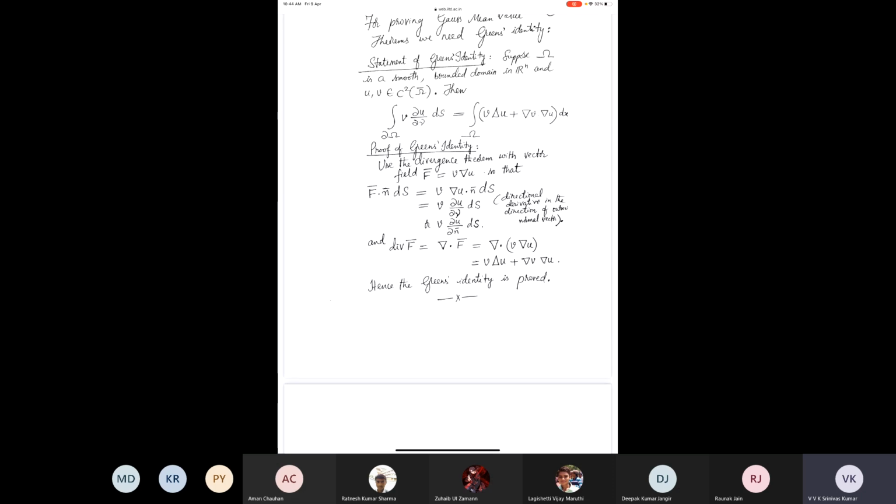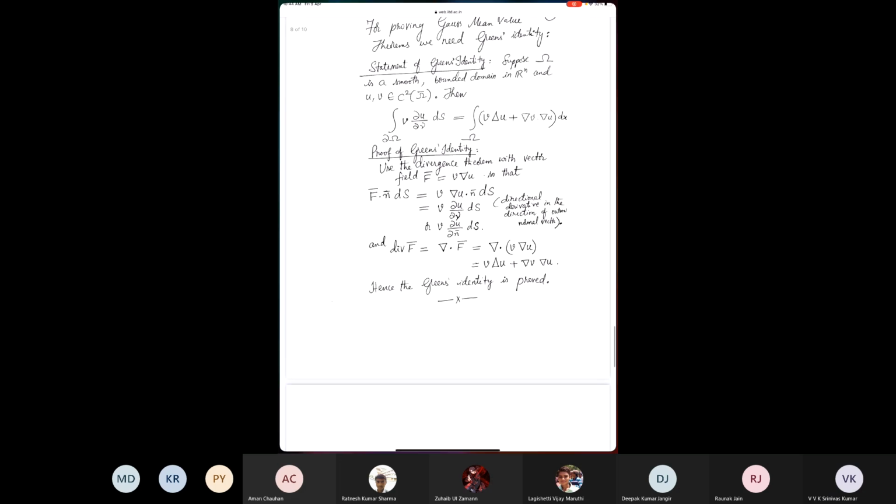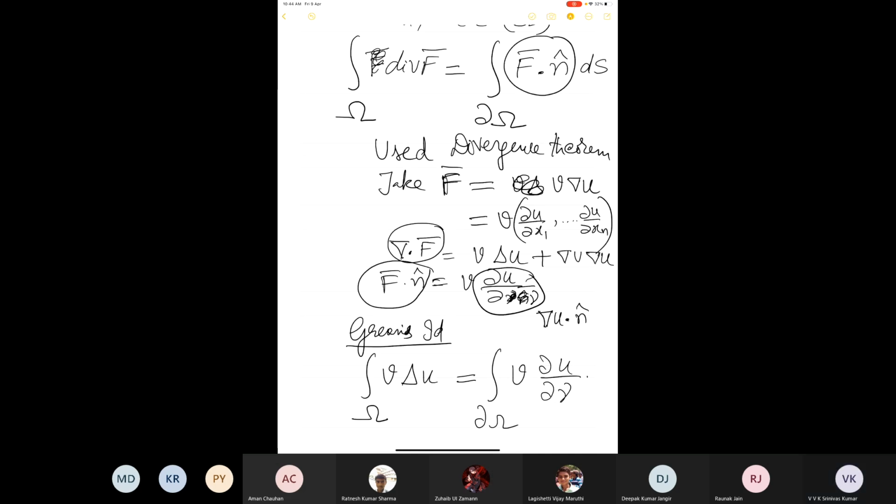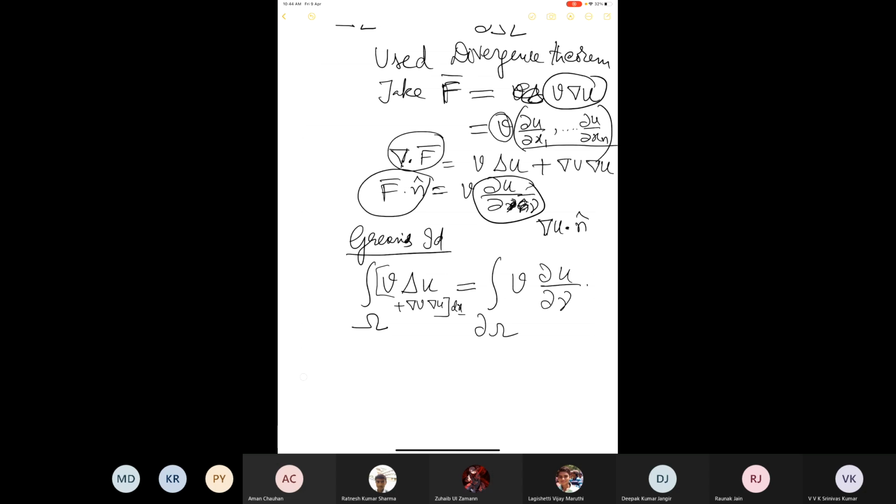We have v Laplacian of u plus grad v dot grad u. When we do this, one dot falls here and another is here. These are two functions, so we have v Laplacian of u plus grad v. Is it clear? Yes, sir. Thank you.